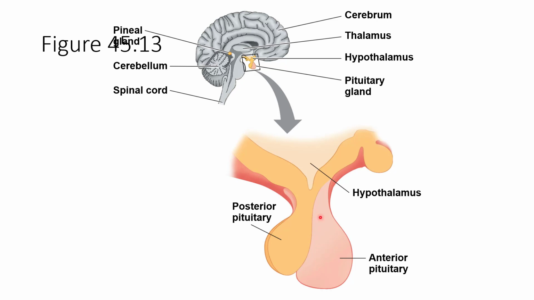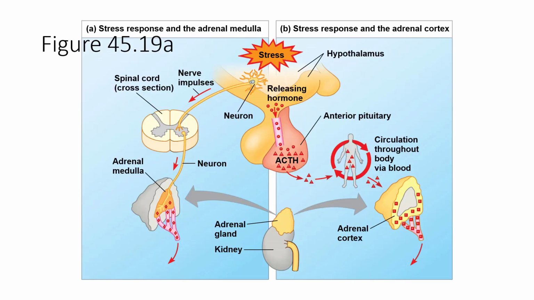So when you see the pituitary gland, anterior is the side facing your eyes, basically, and posterior is to the back of the pituitary gland.